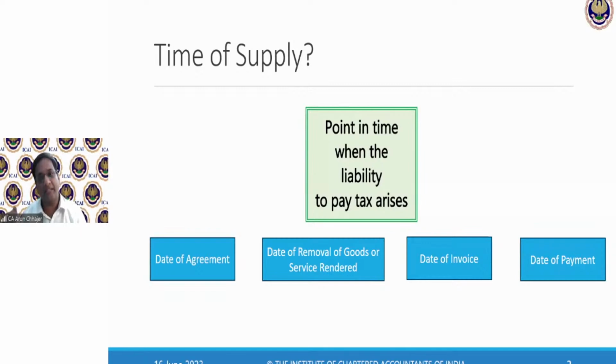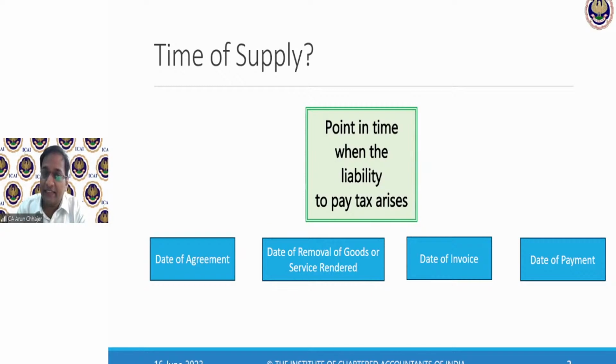And let's say I have supplied the goods in the month of March and raised the tax invoice in the month of April, for which you have given 50% advance in the month of December, and the balance payment is given in May. Now the question is, the transaction is being staggered from December to May. In which period do we need to discharge the GST liability? That question is answered by this chapter, time of supply.